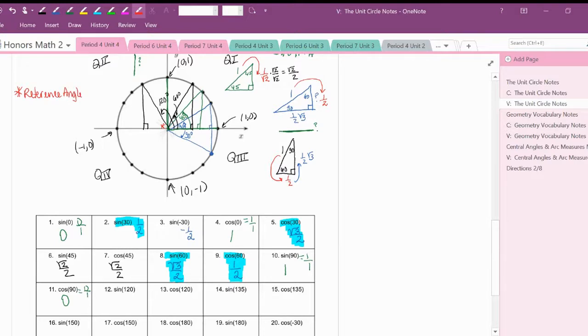And the reference angle is going to be the 180 that I would travel to get all the way to this part of the x-axis, the negative part of the x-axis, minus what I've already traveled, right, the 120. And so my reference angle here would be 60.